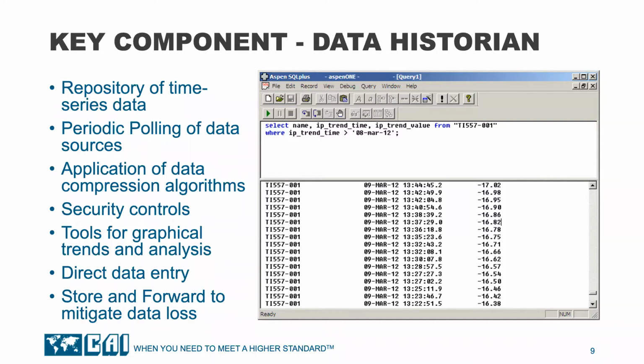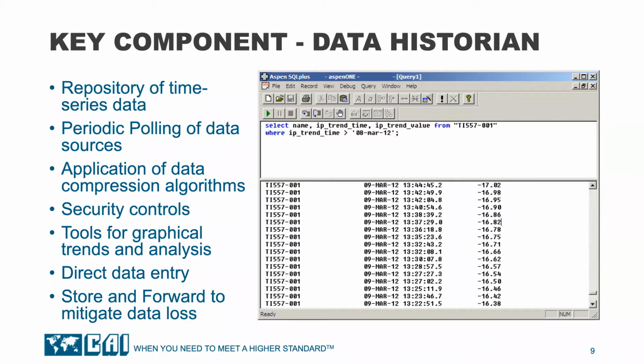Direct data entry allows you to capture those values which can't be captured automatically. You may have a few gauges or processes which aren't automated, and you want to store that data for analysis. Direct data entry allows you to do that in a controlled fashion, and in some systems will also provide a second-person verification step to ensure that the data was entered without error.